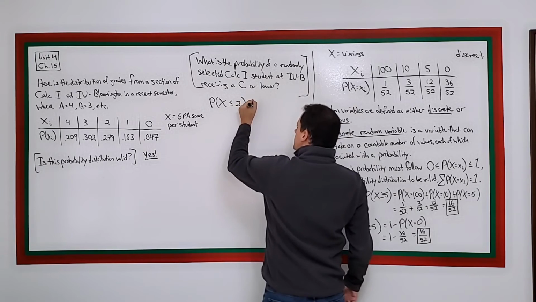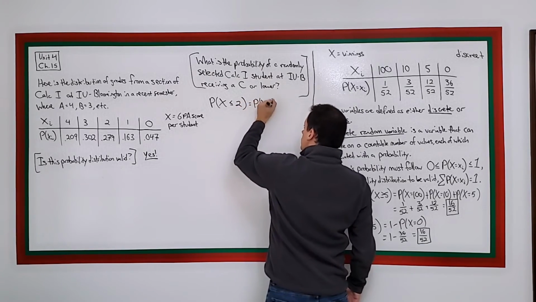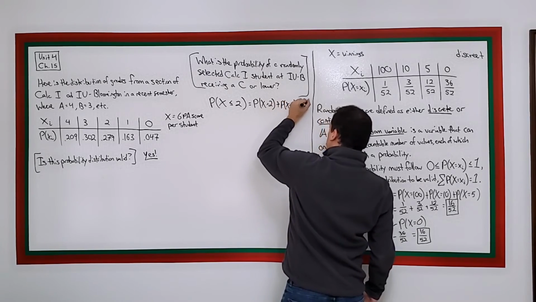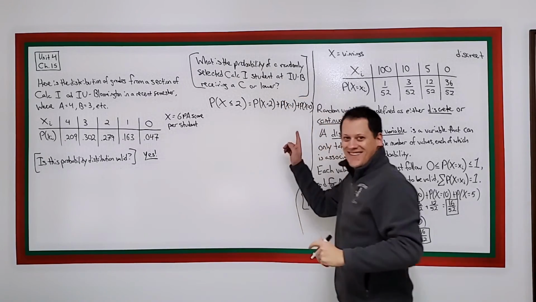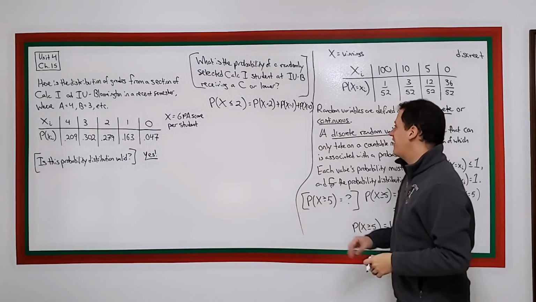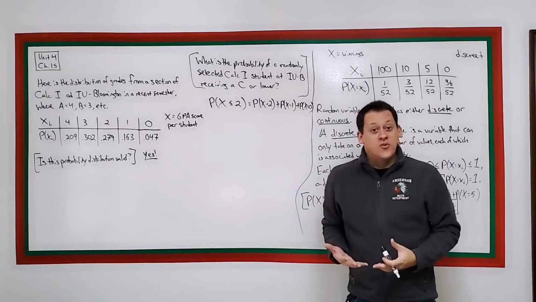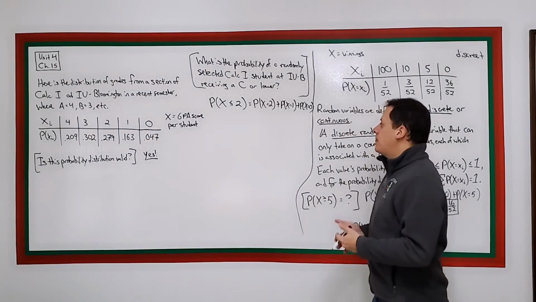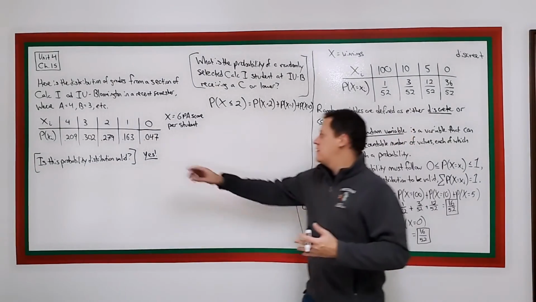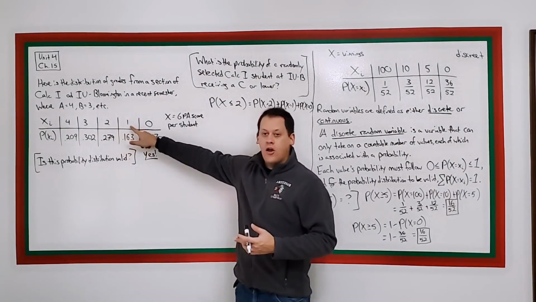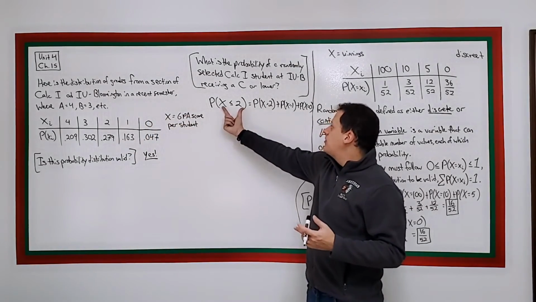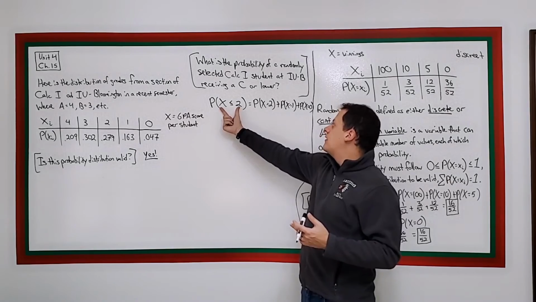And we could get that by taking the probability that X is 2, X is 1, and the probability that X is 0, and just adding all those together. Why do we add them together? Because a student can only get a C or a D or an F.